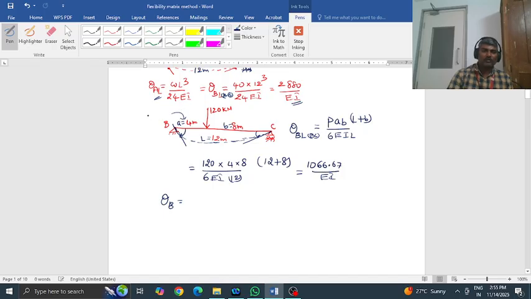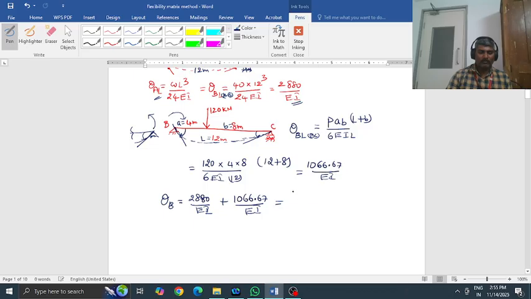Both are in their coordinate directions. If you remember, we have given coordinates like this for the beams which we broke. This bending is also in the same direction, so both follow the moment direction, so they are positive slopes, and both are to be added. So 2880 by EI plus 1066.67 by EI.